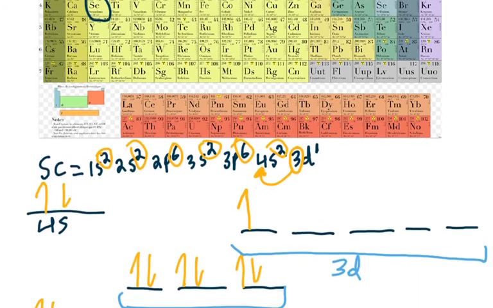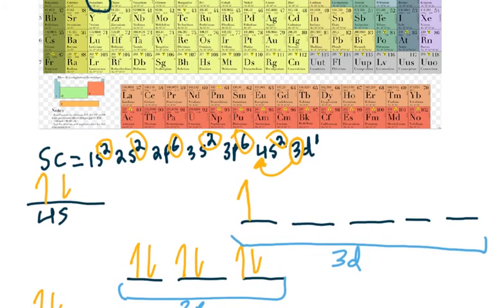The 3d orbital for scandium has an unpaired electron, right here in the first d subshell. That's why we identify scandium as paramagnetic, because it has an unpaired electron.